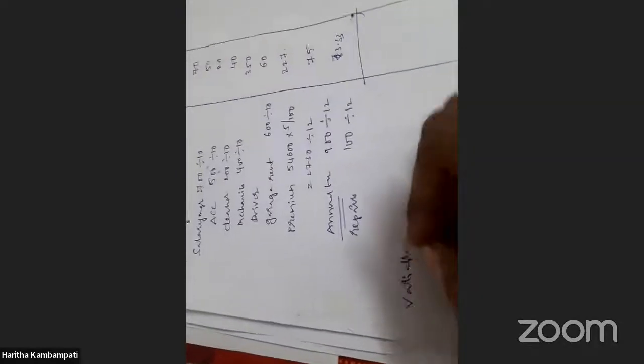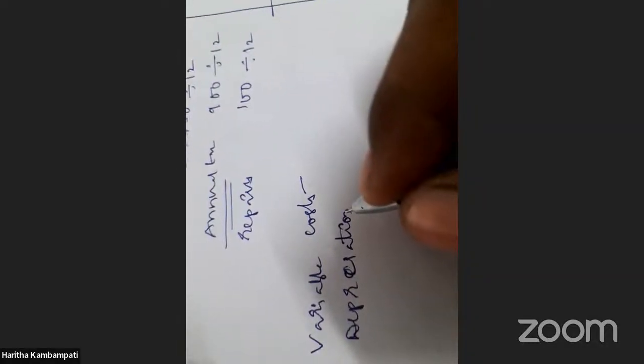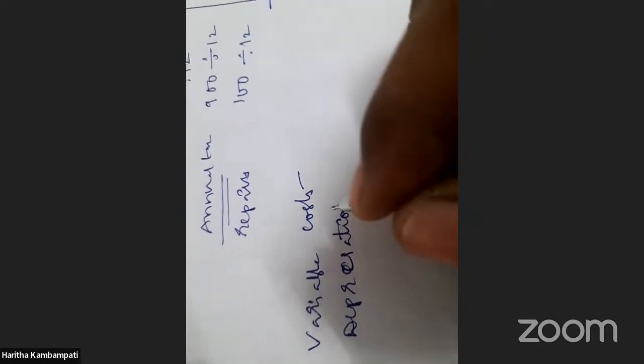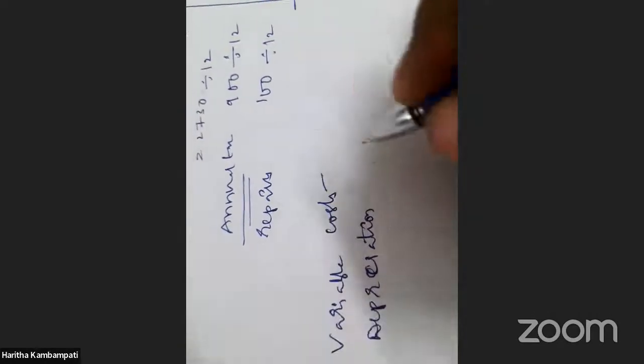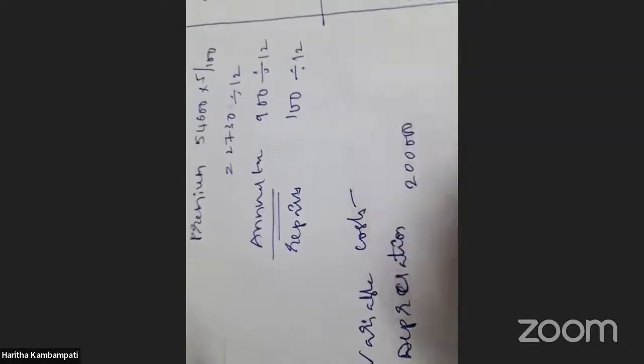Now let us take variable costs. Here the life of each taxi is 2 lakh kilometers.